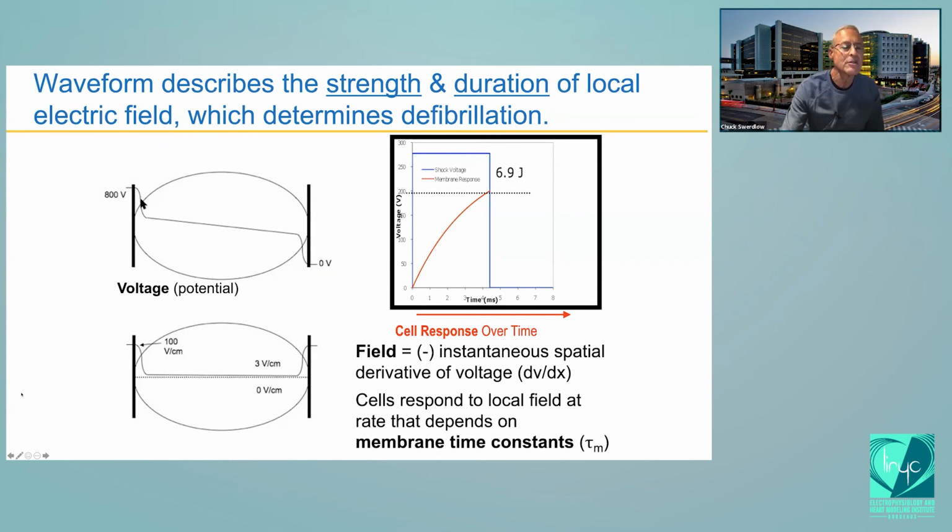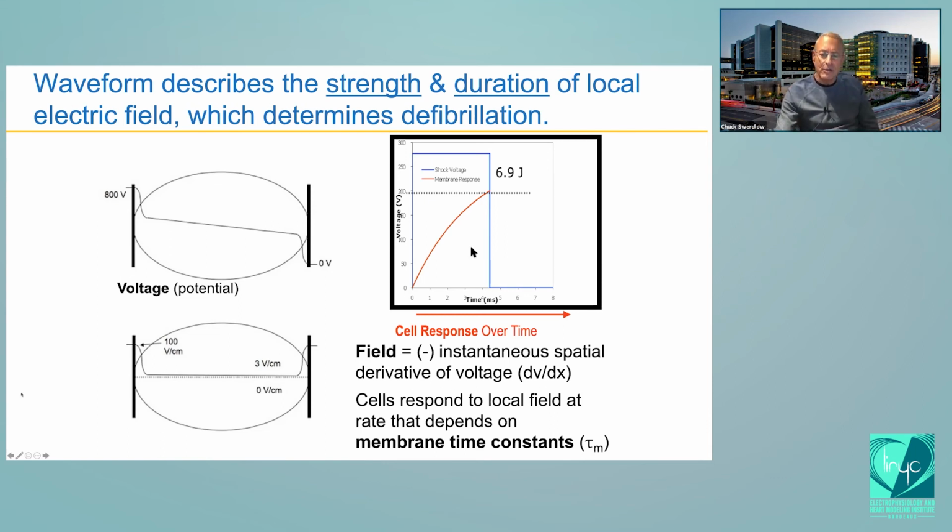Field strength is typically very high at the shock electrodes, and then as we get into cardiac tissue, it gets lower. So here, for example, we deliver 800 volts between an RV defibrillation electrode and a can, and the average field strength, which would be the slope of this line, is about 3 volts per centimeter over the heart, even though it's very strong at the beginning and the end.